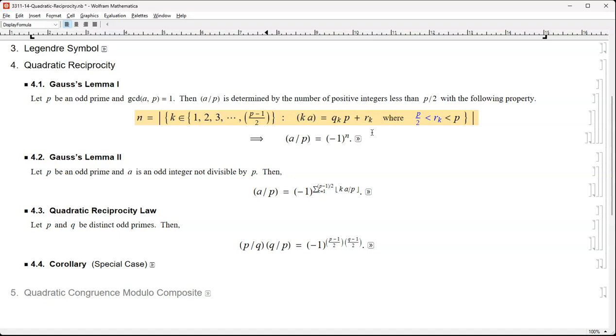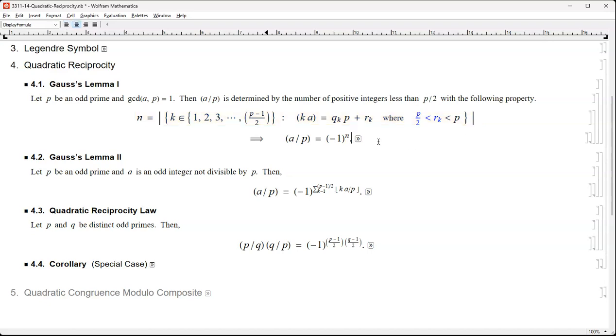But here we have a serious restriction. If the remainder is close to 0, that's out. Less than or equal to p over 2, that's out. It has to be greater than p over 2.